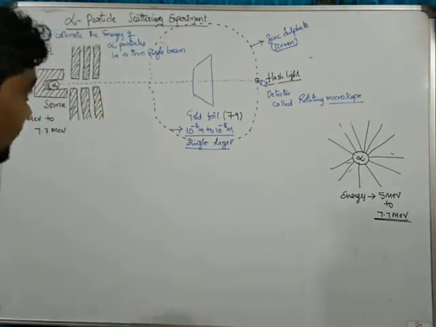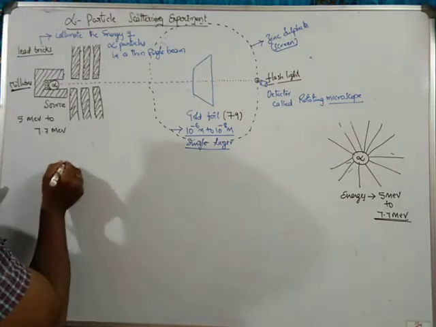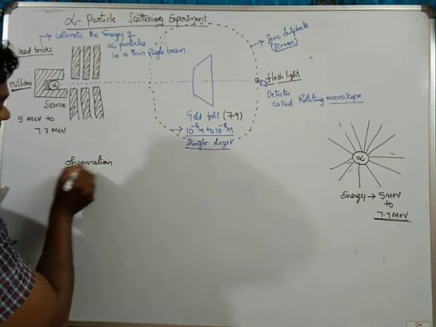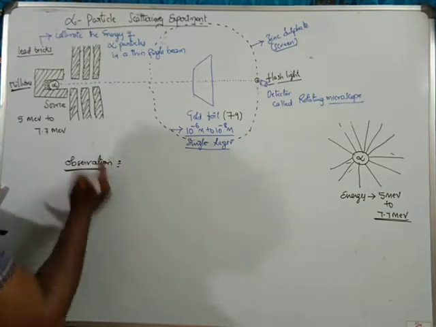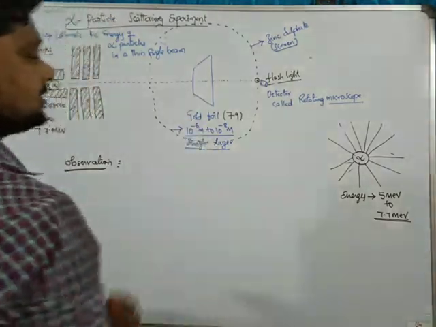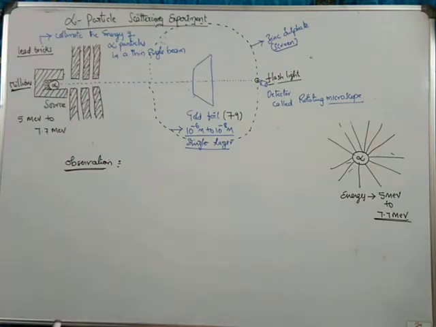Okay, now coming to the concept. We have some observations according to this concept. Here we already said the gold foil has a range of 10 to the power of minus 6 meters to 10 to the power of minus 8 meters.